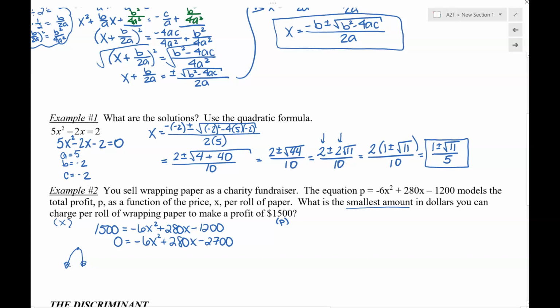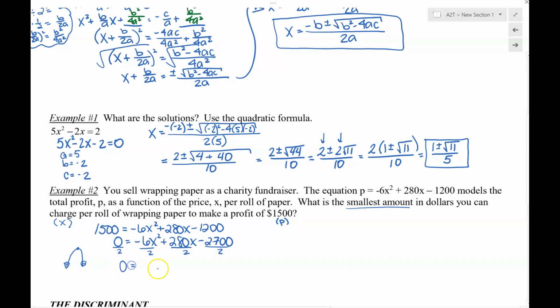Remember, x can be your roots, your solutions, your zeros, your x-intercepts. Okay, so I definitely think that we can reduce by a greatest common factor. Looking at it, what do you guys think that is? What do you think? Let's start with 2. Okay, we'll divide everything by 2. And see where that takes us.